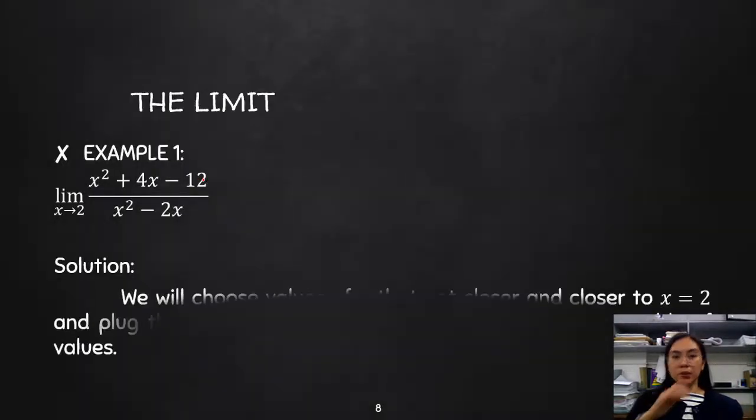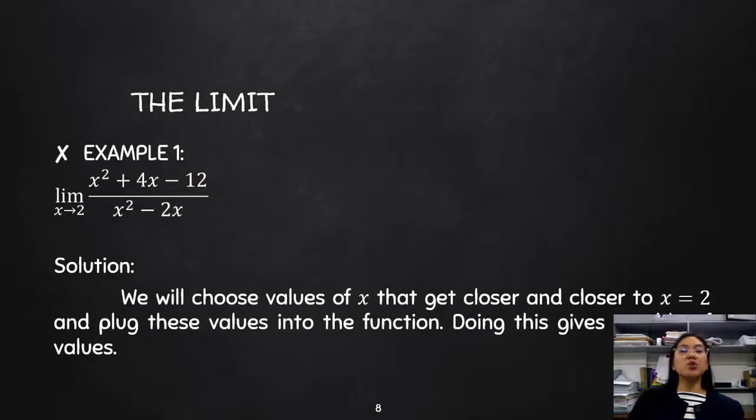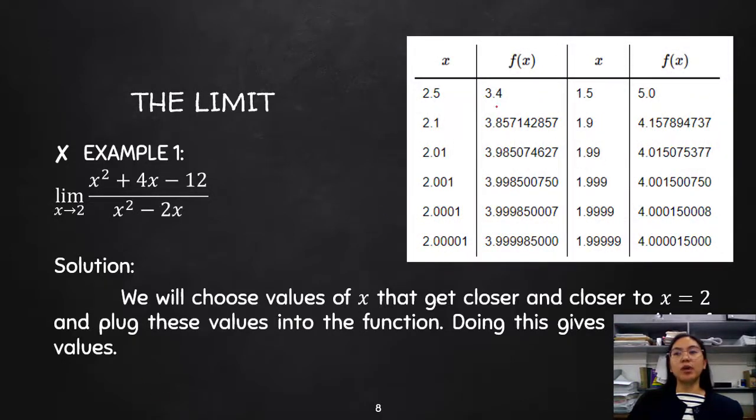As part of our solution, we will choose values of x that get closer and closer to x equals 2 and plug these values into the function. Doing this gives us a table of values, which you have on the upper right of your screen. The values we plugged in are 2.5, 2.1, 2.01, 2.001, 2.0001, and so on.